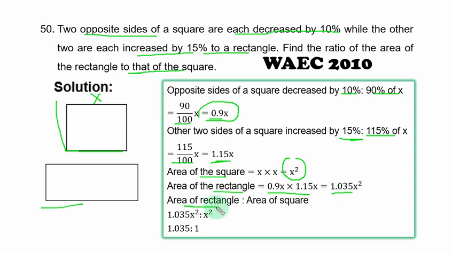Area of rectangle ratio area of square. This is the area of rectangle ratio area of square in this form. Divide through by S squared, the common term. You have this result as the required ratio.